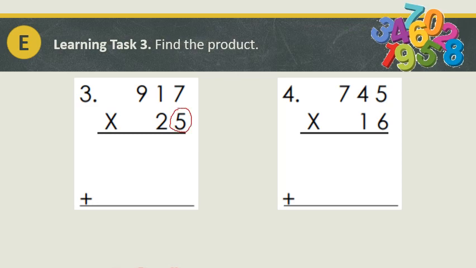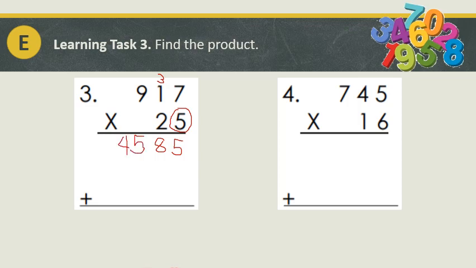I-multiply natin ng 5 sa 917 starting from the right. So, 5 times 7 is 35. Carry 3. Then, 5 times 1 is 5 plus 3 is 8. And then, 5 times 9 is 45.